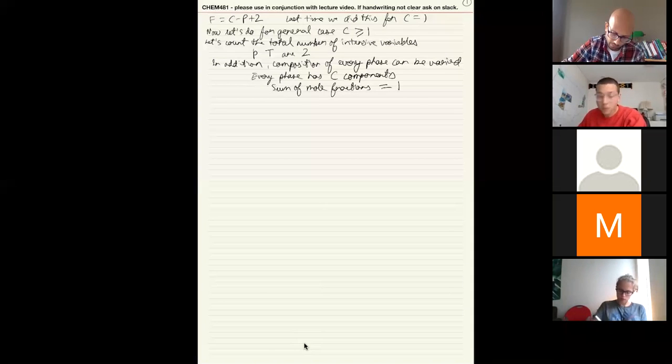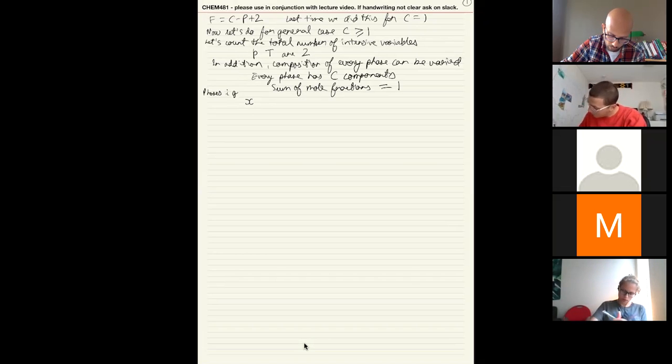What do I mean by this? Let's say I'm looking at some phase. We have phases I going from 1 to P, the number of phases we have.